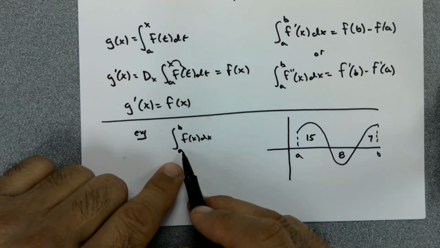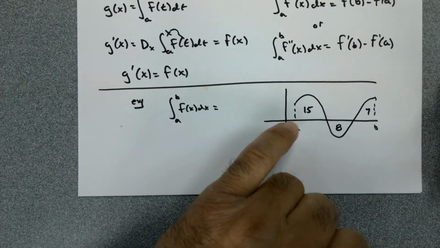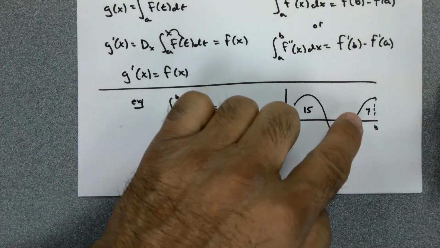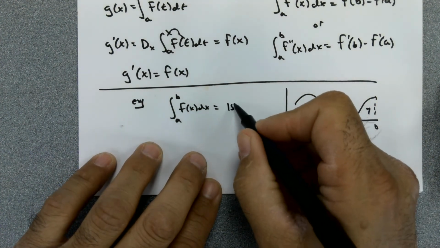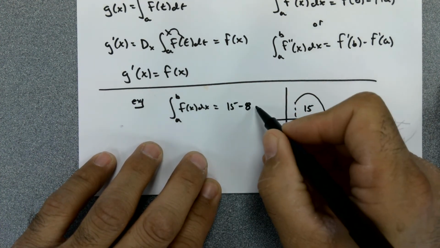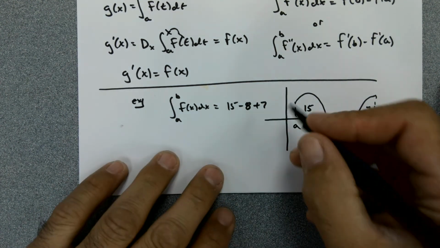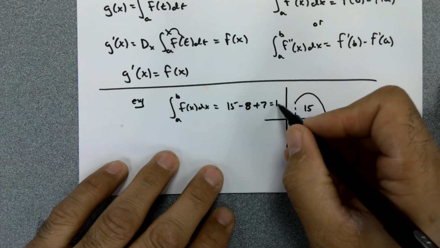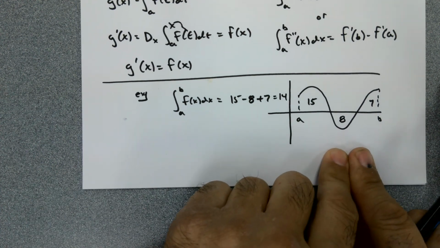If we want to integrate from a to b of f of x dx, what that's going to do is you're going to take the stuff above the x-axis and subtract the stuff below the x-axis. So we're going to have 15 minus 8 plus 7. And you'll come up with 14, I believe. So that'll be 14.